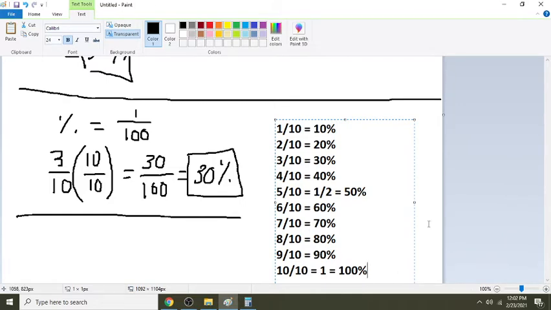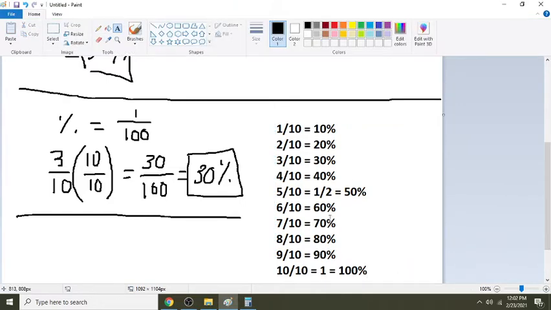So if you have prior knowledge of this, you could easily spot that 3/10 is 30%.